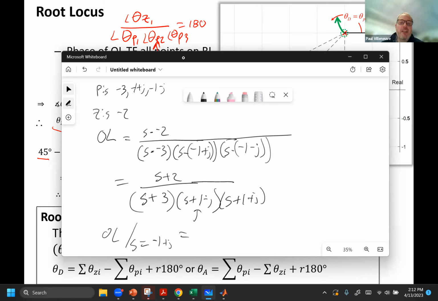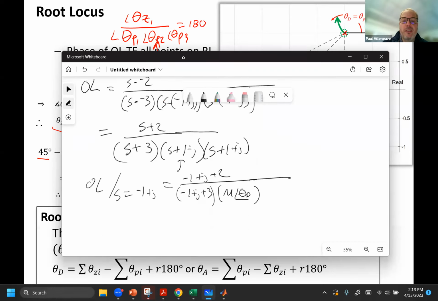So this one here is just going to be left as a magnitude and an angle. So we're going to do -1 plus j plus 2 over -1 plus j plus 3. I'm skipping this one, right? So I'm just going to do magnitude and angle. This is going to be my angle of departure.